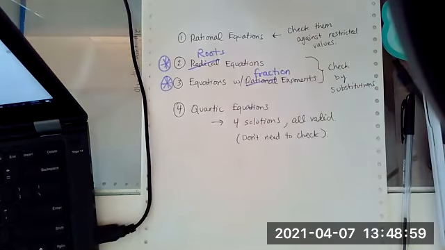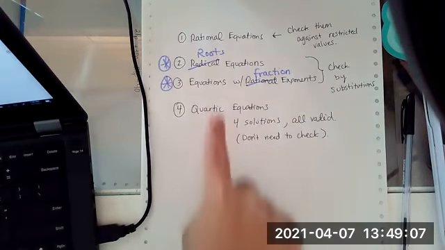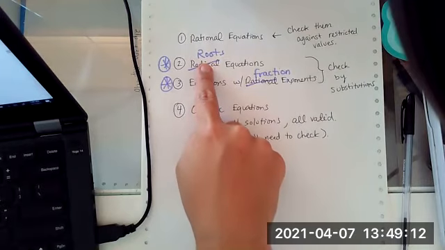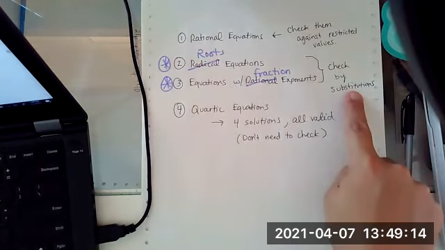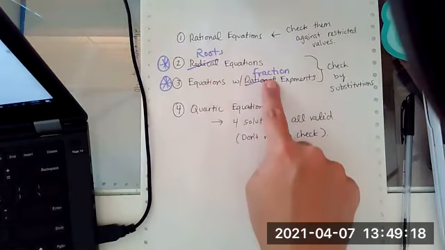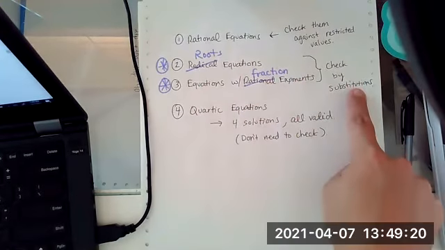I think that'll be easier to understand. So as soon as you see a root in the problem, just know that whenever you get the solutions, you'll have to check them. The same thing if you have an equation and some expression has a fraction for an exponent, then you'll have to check the solution at the end.